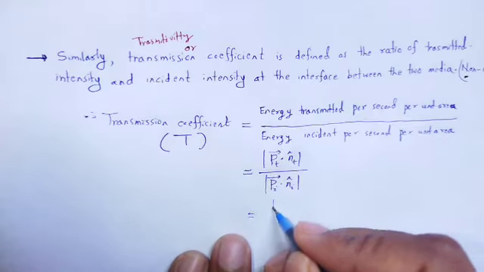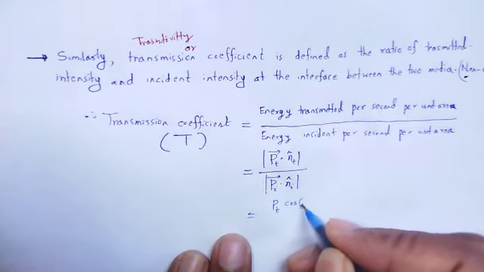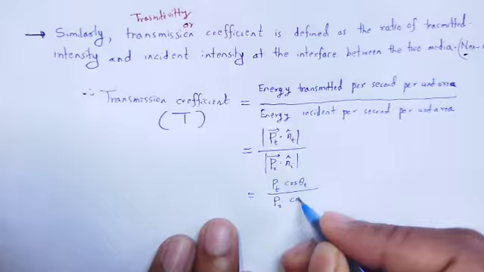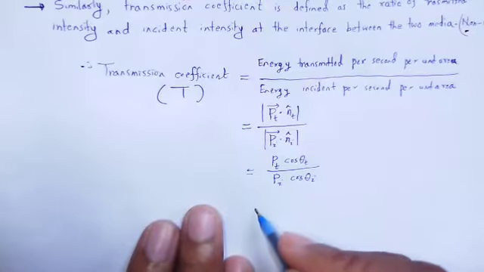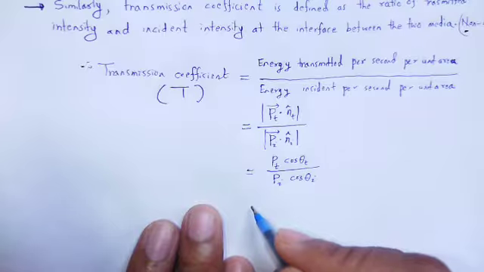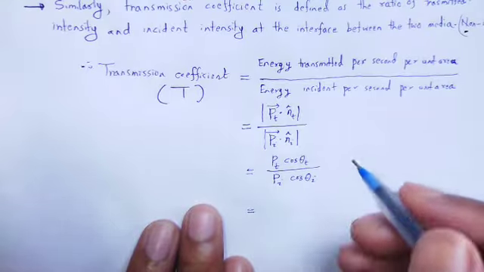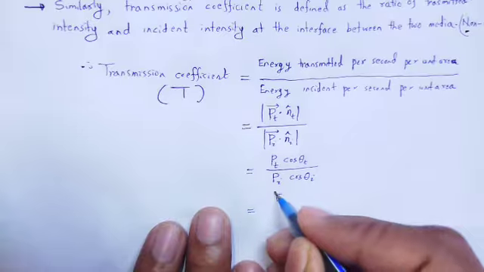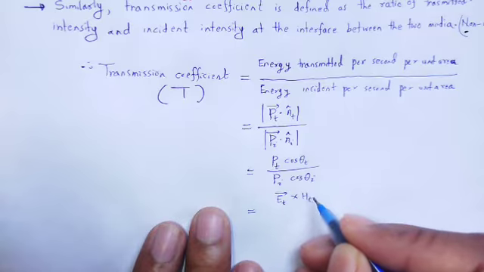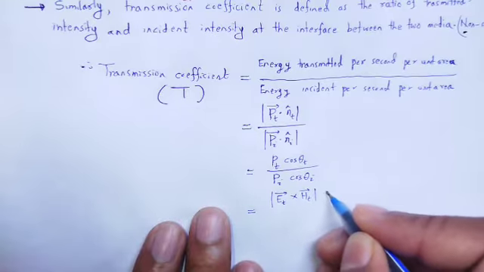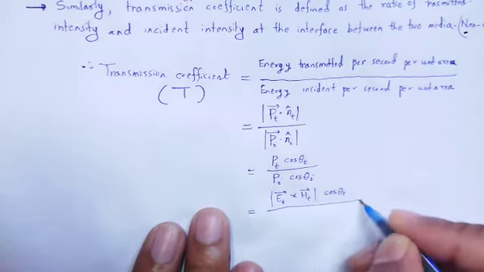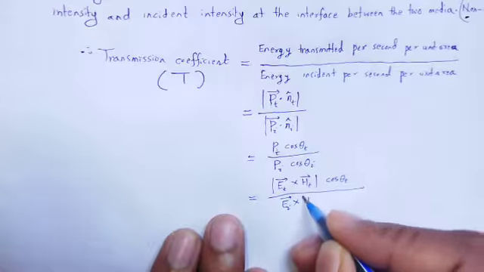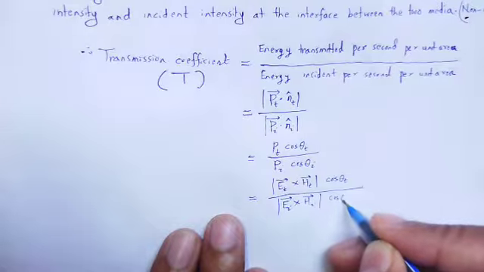So, its value is Pt cos theta t divided by Pi cos theta i, which is equal to, we put the value of Pt as Et cross Ht magnitude cos theta t divided by, for Pi, Ei cross Hi magnitude cos theta i.